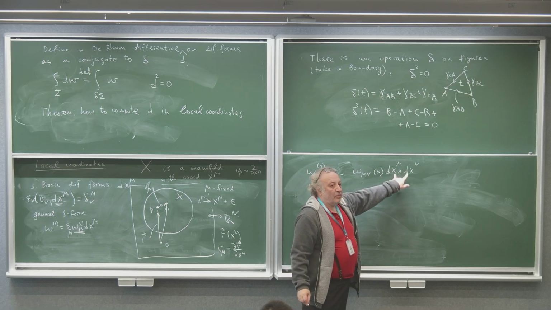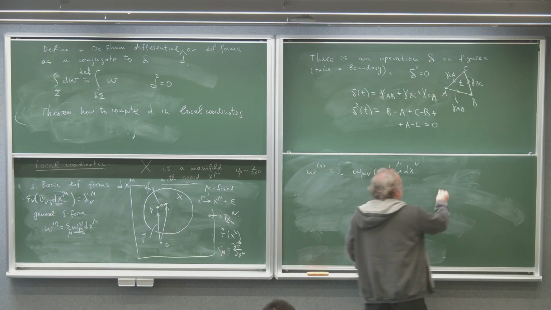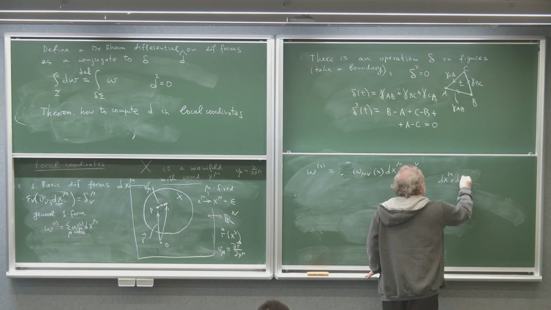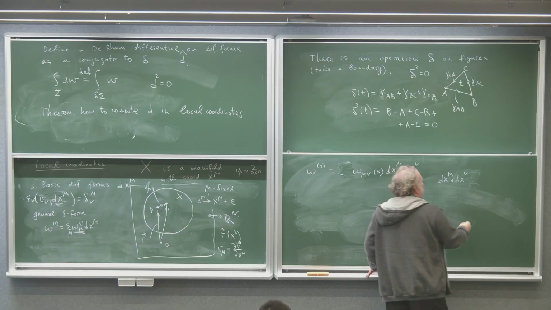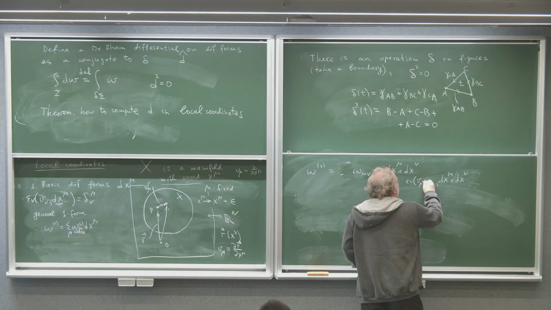So what is this for? It would be defined such that this evaluation on vectors v mu, v mu prime.